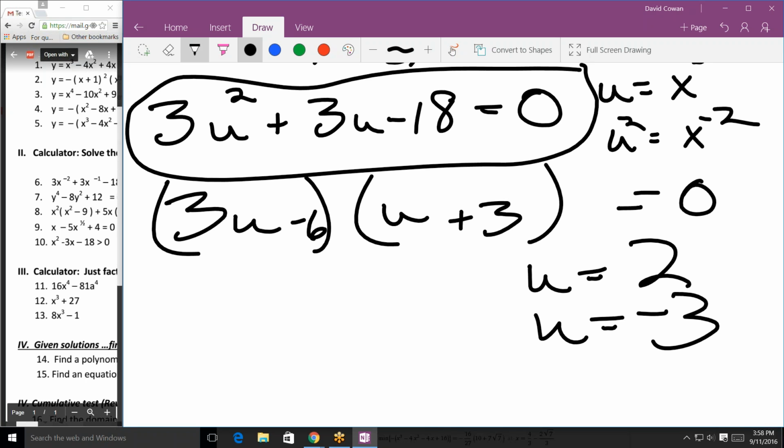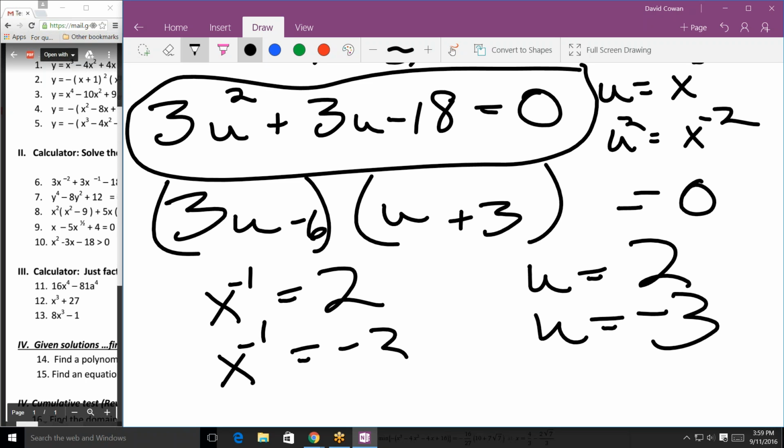Well, u was x to the minus 1. So we have x to the minus 1 equals 2, or x to the minus 1 equals negative 3.